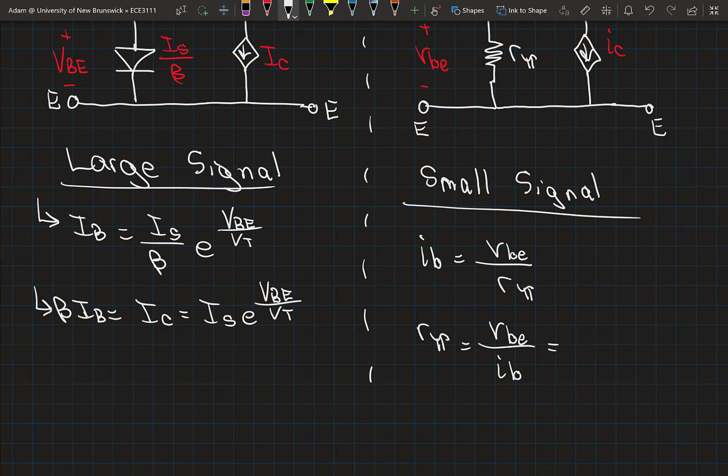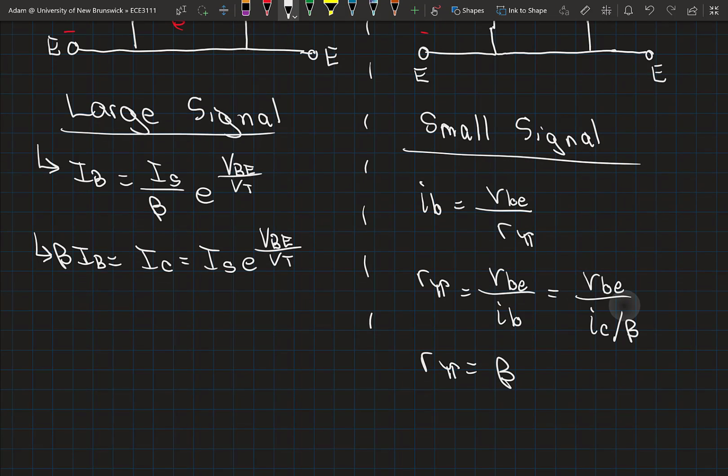And again, just like the last example, we can write IB in terms of our collector current. And here we see that when I rearrange this, my R pi is equal to beta times VBE over IC, which, here is this term again, is equal to 1 over my transconductance parameter.